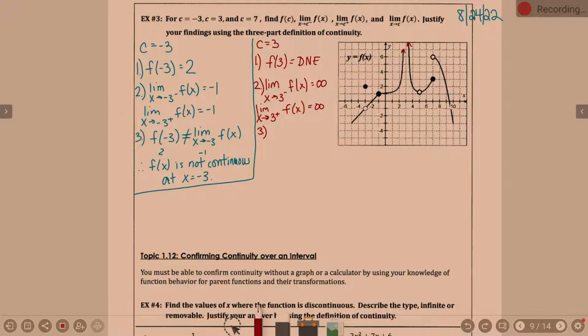But what do we know? f of 3 does not equal the limit as x approaches 3 of f of x. Therefore, f of x is not continuous at x equals 3.